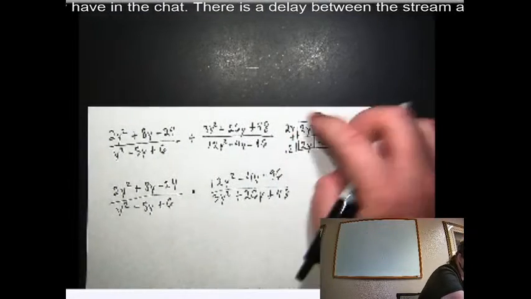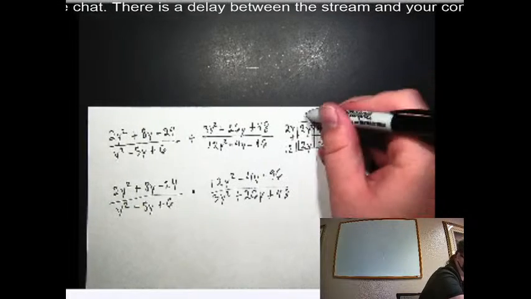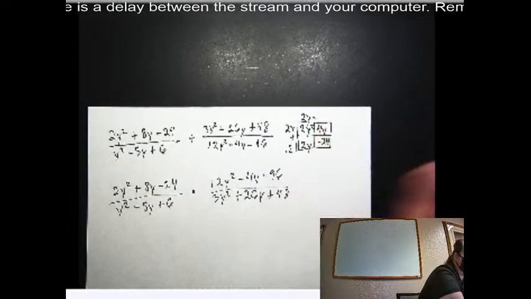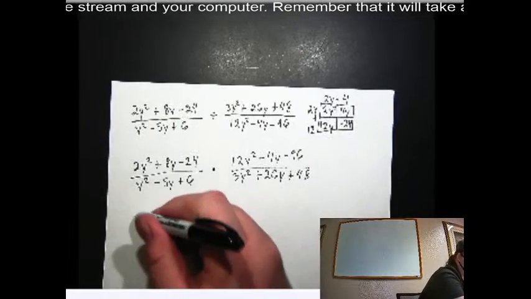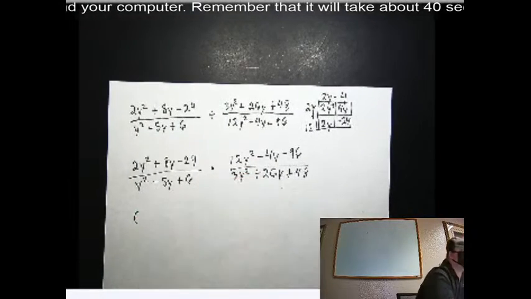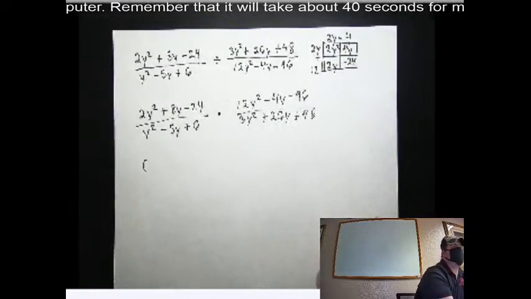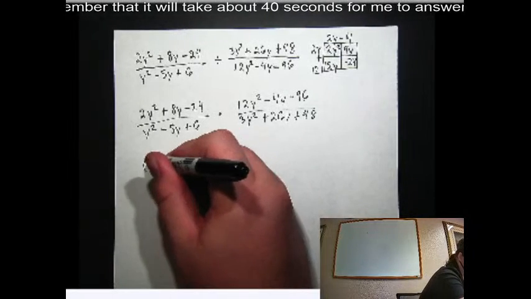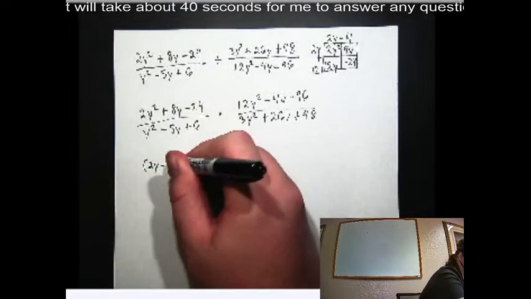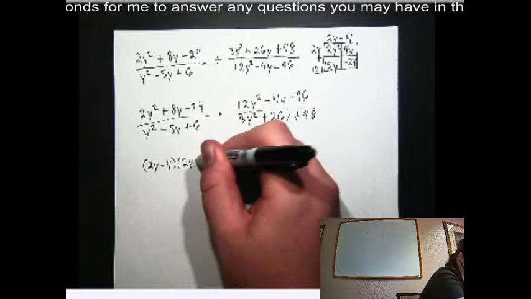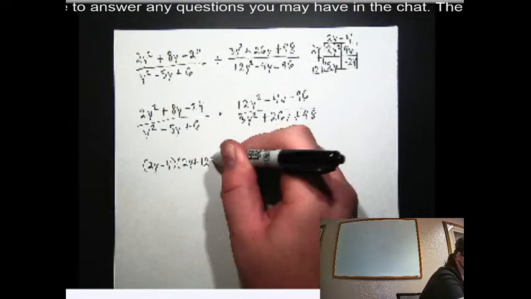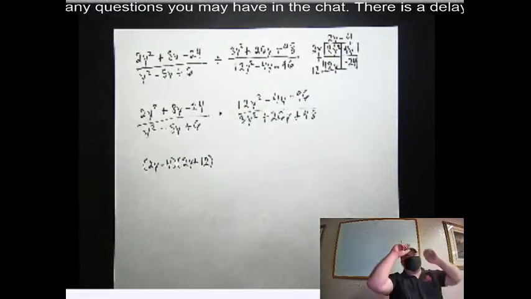Good. First column. Second column. Good. So we've got one of our quadratics factored now. So we have 2y minus 4 times 2y plus 12. Good.